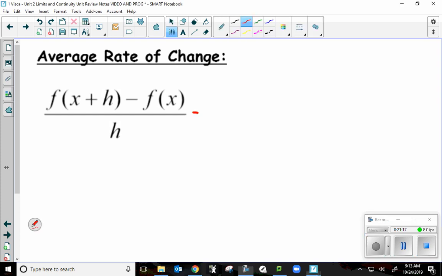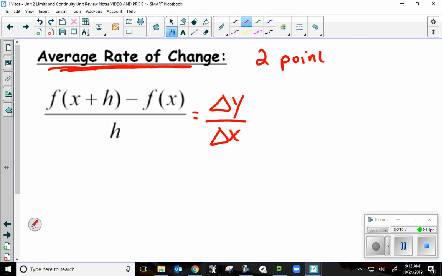It is still change in y over change in x. If they want the average rate of change, you are going to be given 2 points. It might be an x and a y. We call that x2, y2, x1, y1, and we do a change in y over change in x.